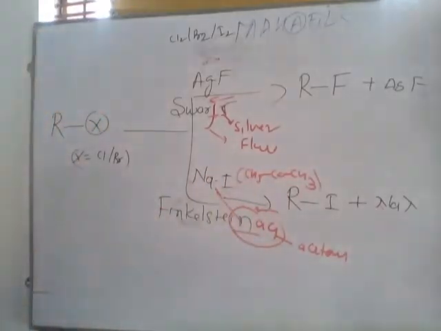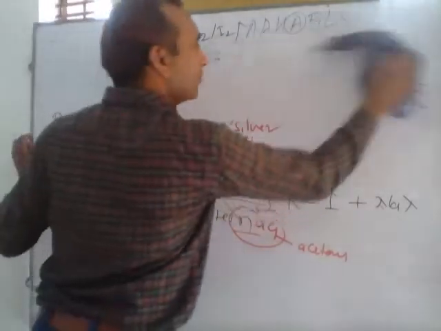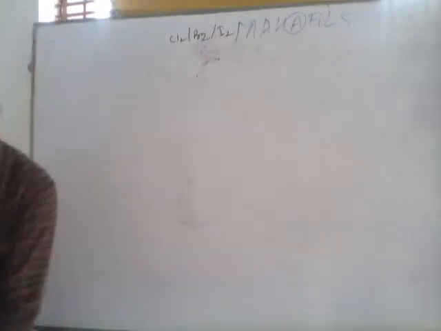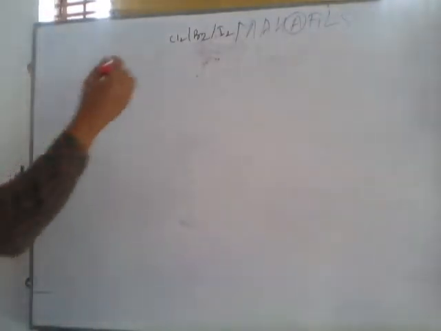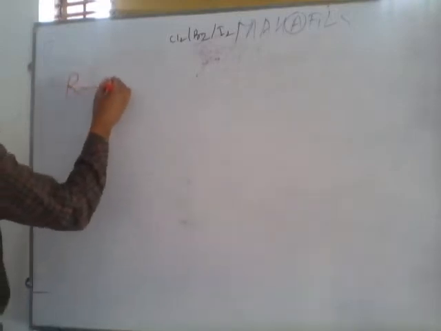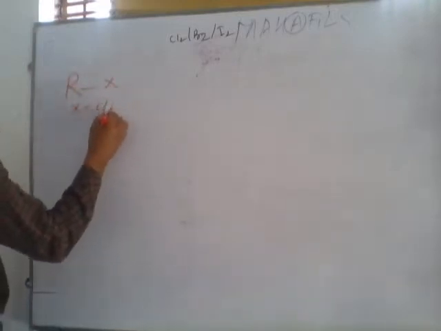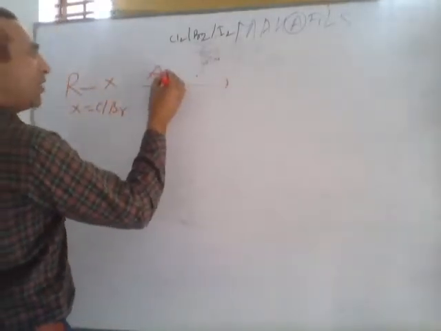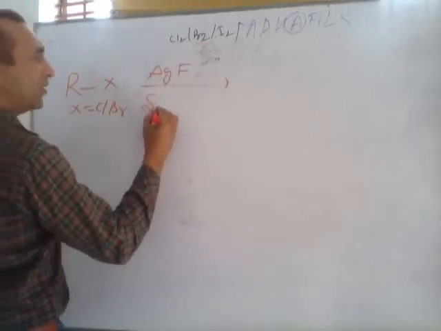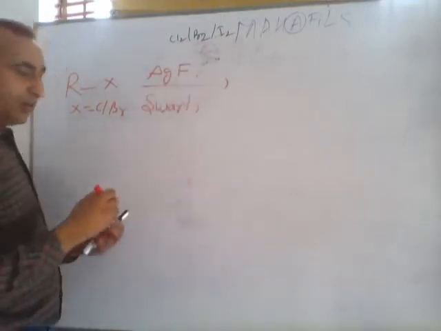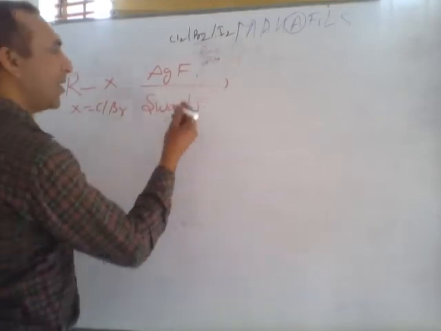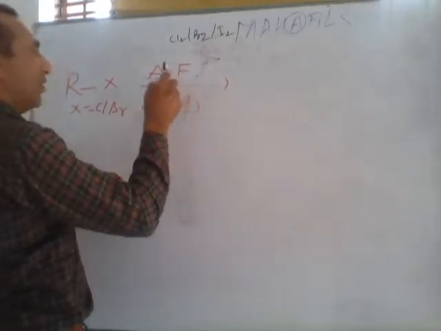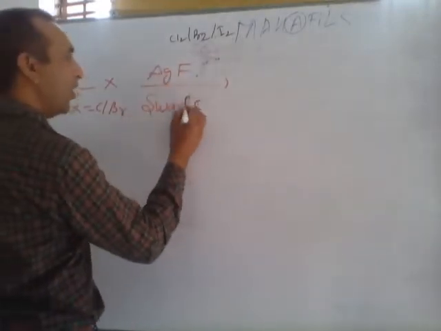In detail, I am writing here again. Suppose RX, where X may be chloride or bromide. We want to replace it with fluorine, so we use AgF. This reaction is called Swarts reaction; S stands for silver and F for fluoride.